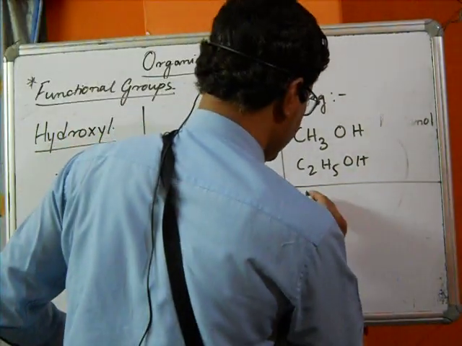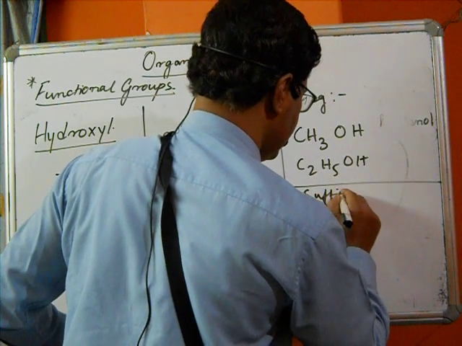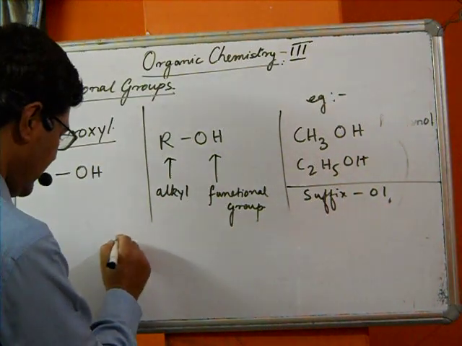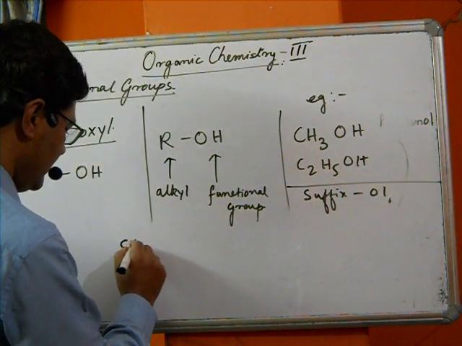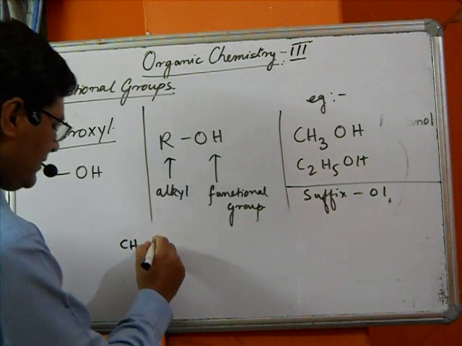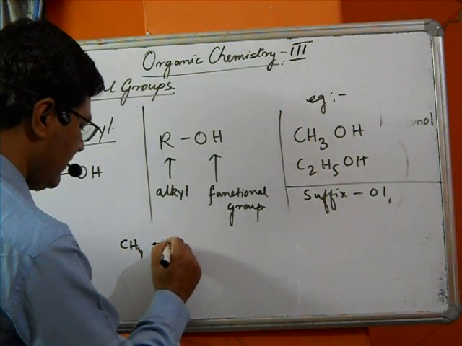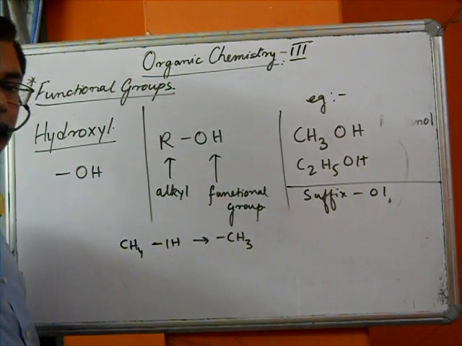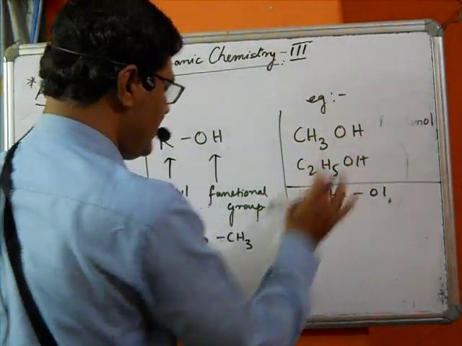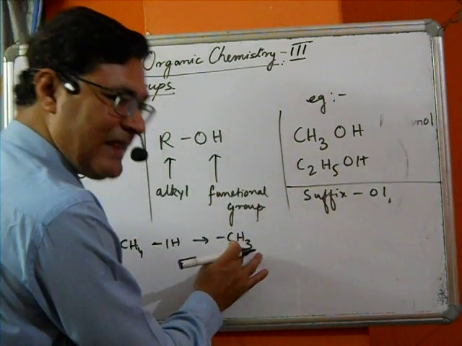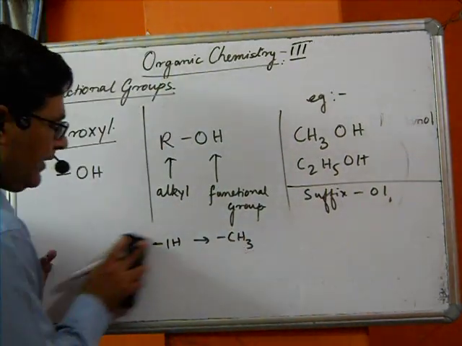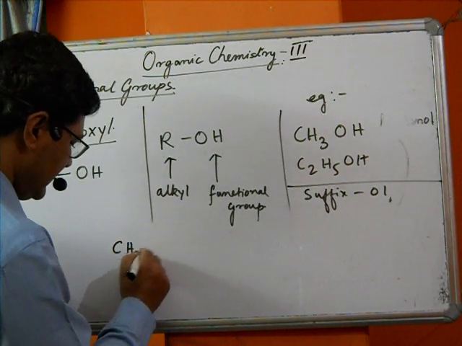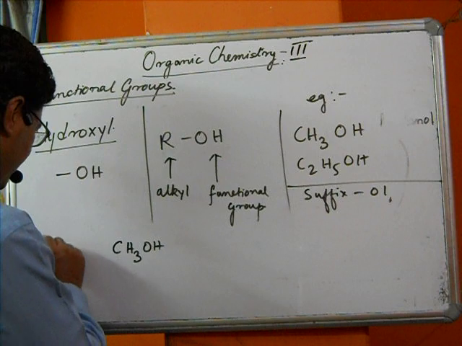So they have the suffix -ol. Now, methane, CH4, right? If I remove one hydrogen, they form CH3, got it? And it is CH3OH. So from methane, it has come methyl. Clear? Now, if I want to know the name of CH3OH, what is the name?